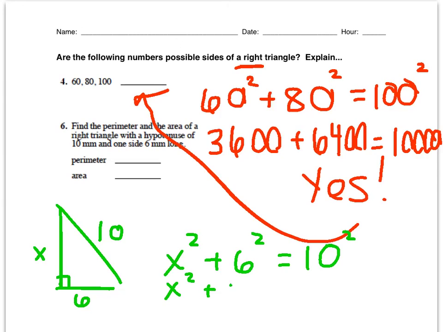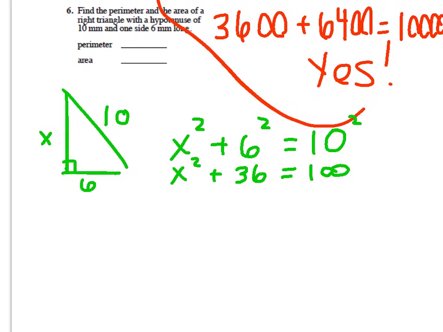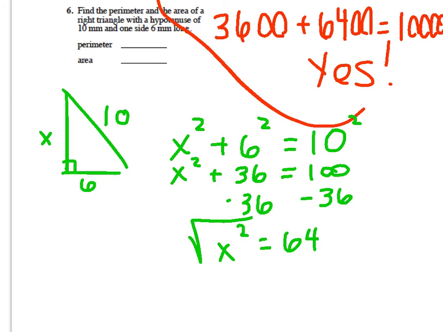X squared plus 36 equals 100. We're going to subtract 36. X squared equals 64, and then square root to get x all alone. X equals 8. So now we know the missing side, which I'm going to write right over top of it. Missing side is 8.